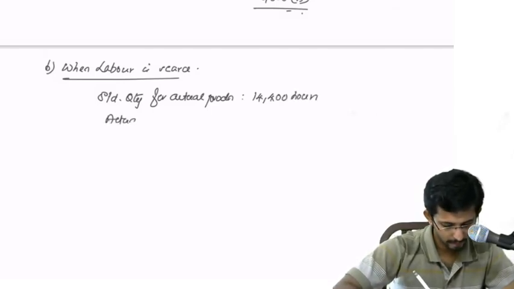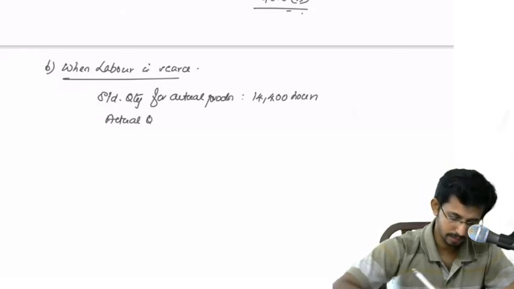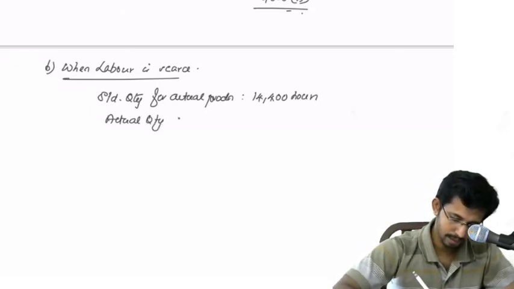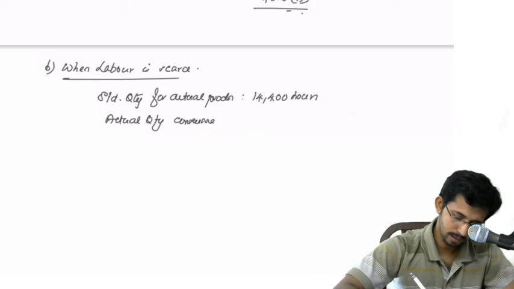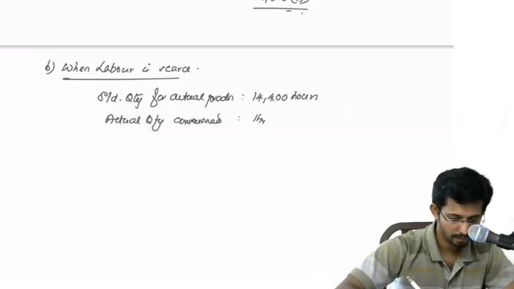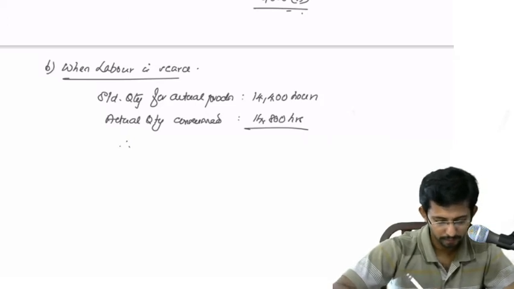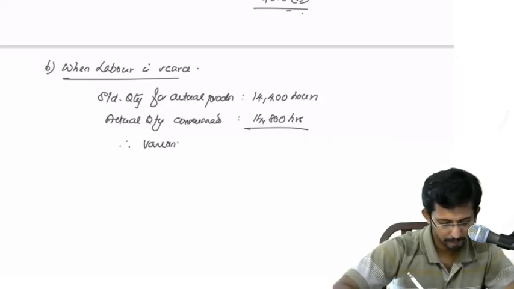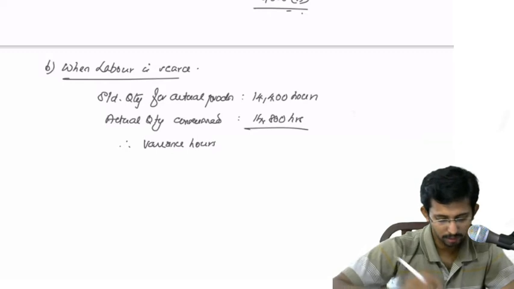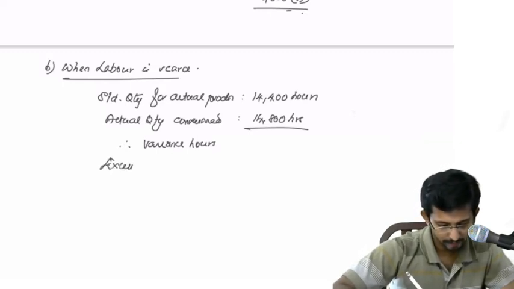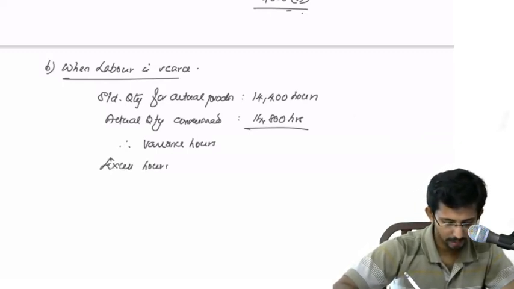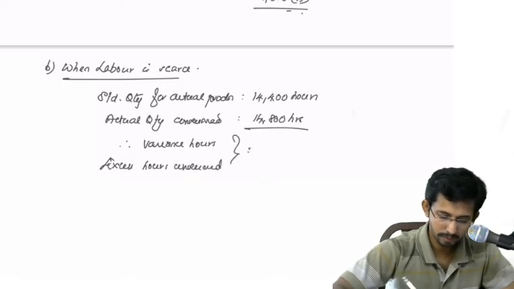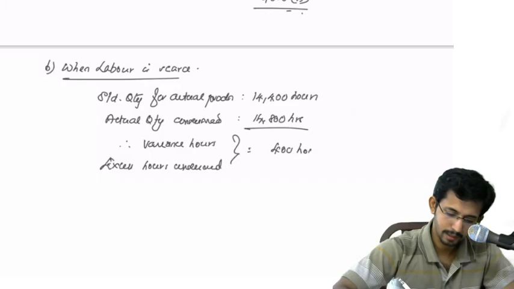Then actual hours, actual quantity consumed, 14,800 hours. Therefore, variance hours or excess hours consumed, how much? 400 hours.